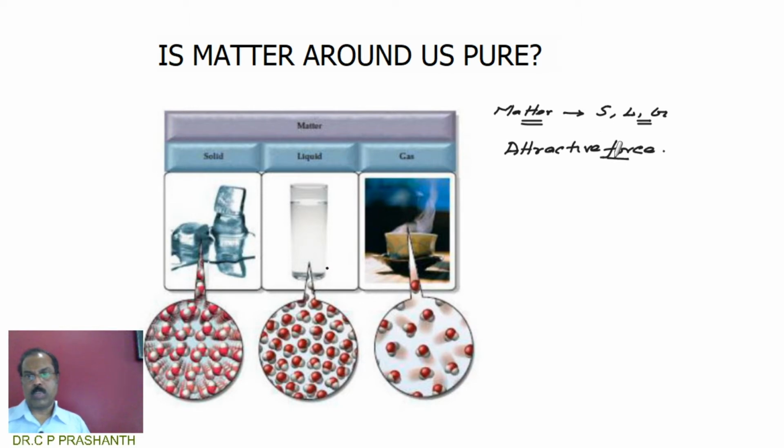And the attractive force is maximum in the case of solids, minimum in the case of gases, and intermediate in the case of liquids. You know what intermediate means? In between. It's not as high as in the case of solids, not as low as in the case of gases.